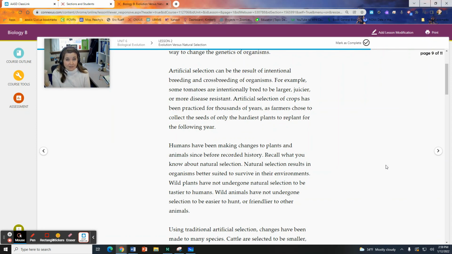Interestingly, artificial selection is something that Darwin looked at and that helped him to formulate the theory of natural selection as well. It was one of those things that he read about or knew about that helped him put the puzzle pieces together.